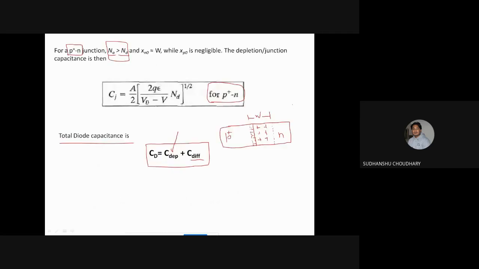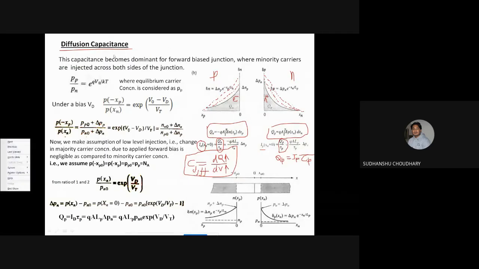Now the same can be applied here for finding the diffusion capacitance. You apply the forward bias, and an increase in forward bias results in an increase in minority carrier charges on both sides. This leads to an effect called diffusion capacitance.